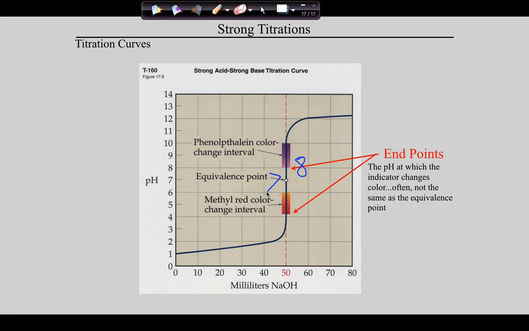Think about this. Because remember, when we titrate, like when we do HCl plus NaOH, we stop titrating when we've added just enough base to consume all the acid. That's the equivalence point. So we've been using phenolphthalein to tell us when this reaction is over. But this reaction is over at pH 7, and phenolphthalein doesn't change color until pH 8.